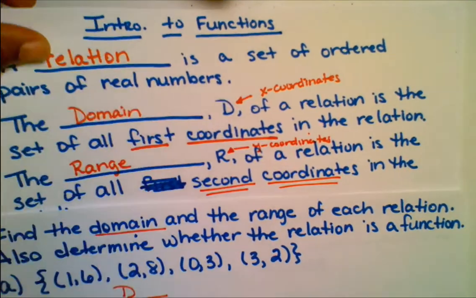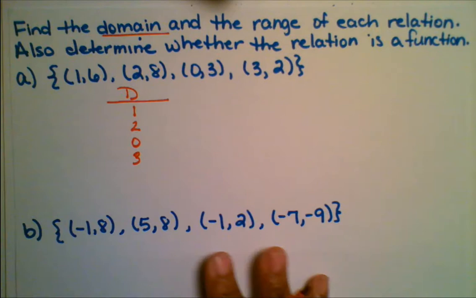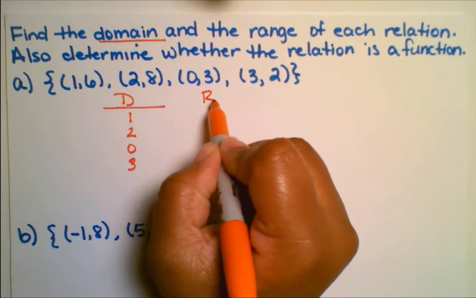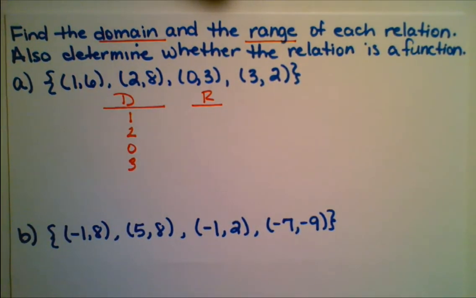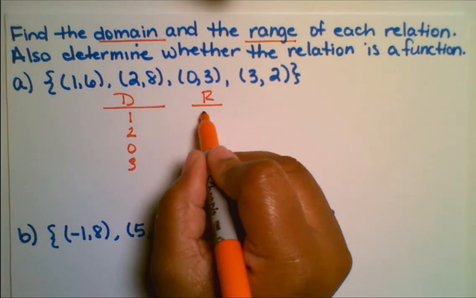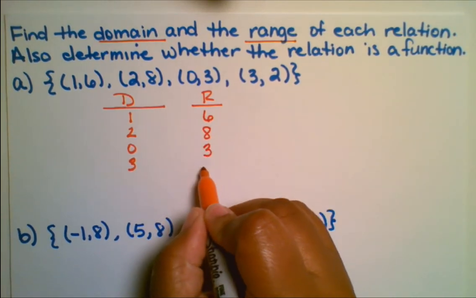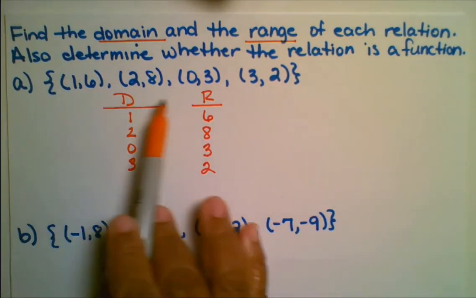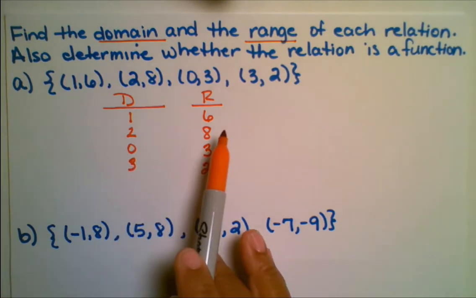As we look at our example, the question is asking us to find the range. We're looking for all of the y coordinates. So we have here, the coordinates are 6, 8, 3, and 2. So from our relation, we were able to find the domain and the range.